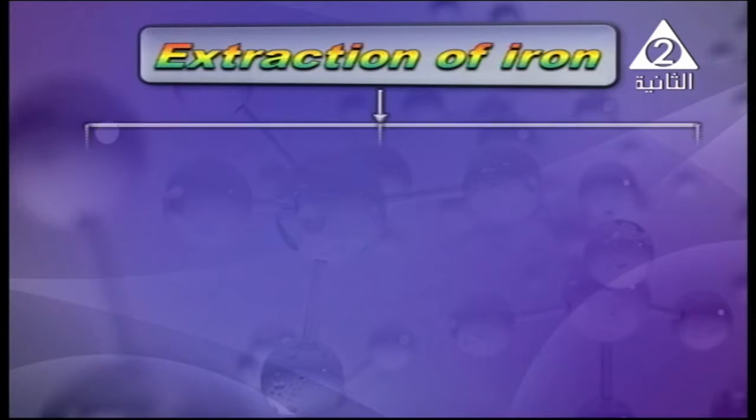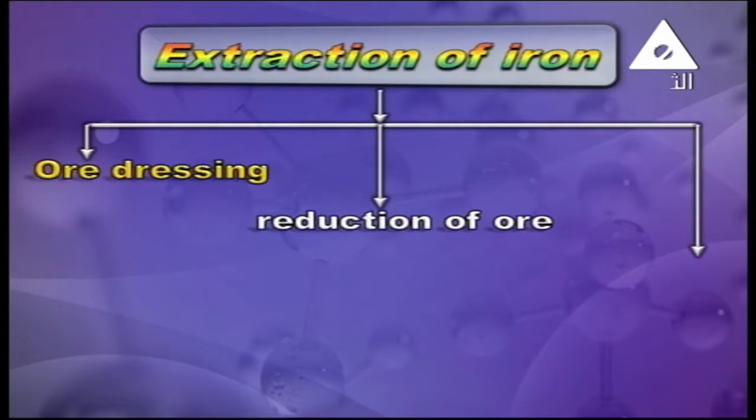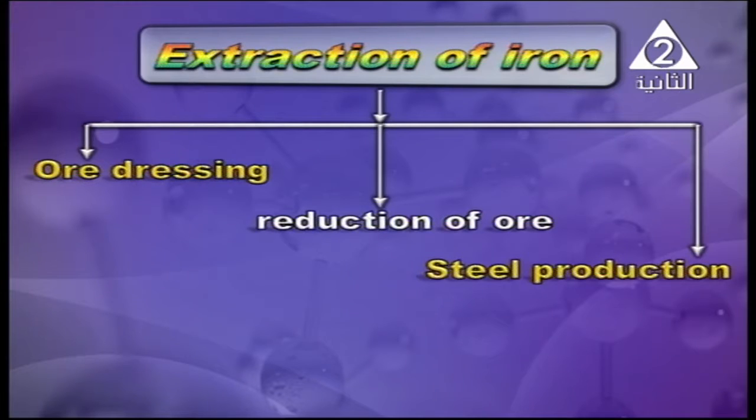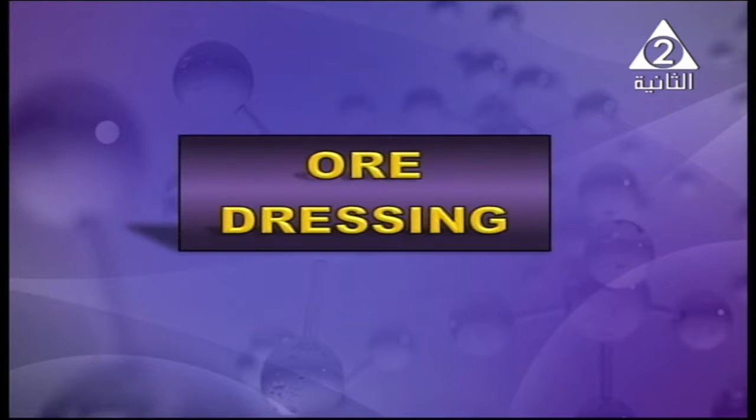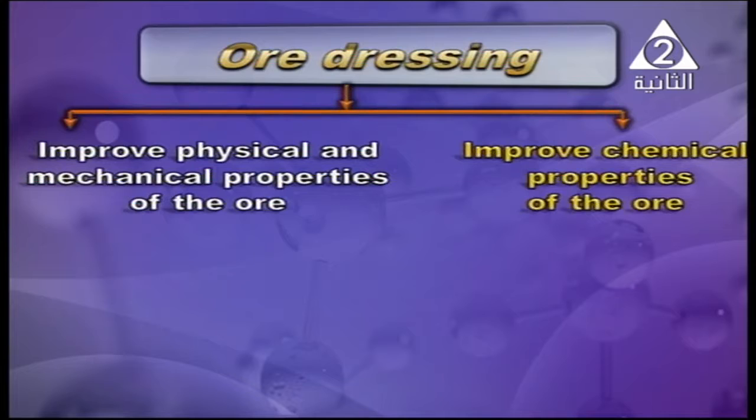The extraction of iron passes through main processes: ore dressing, reduction of the ore, and steel production. We are going to discuss them in detail. First, ore dressing. The ore dressing aims to improve the physical and mechanical properties of the ore and improve the chemical properties of the ore.